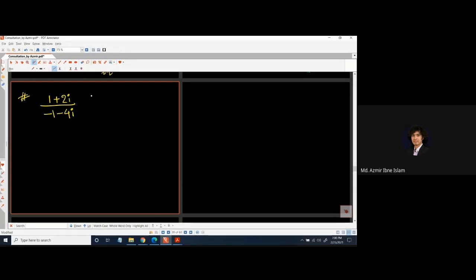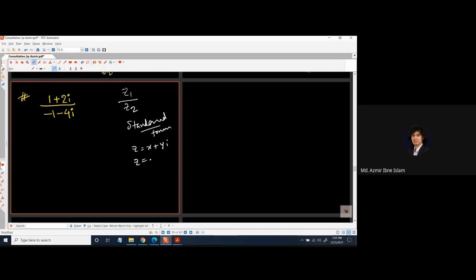This type of division is totally different from the real number system. Whenever you see Z1 by Z2, at that moment, you have to think about the standard form. So what is the standard form? Standard form is Z equal to X plus YI.